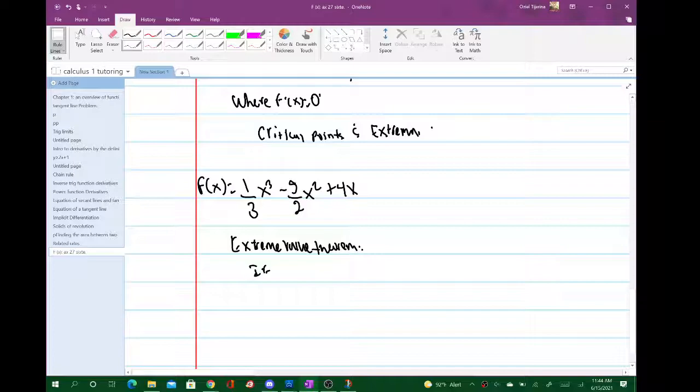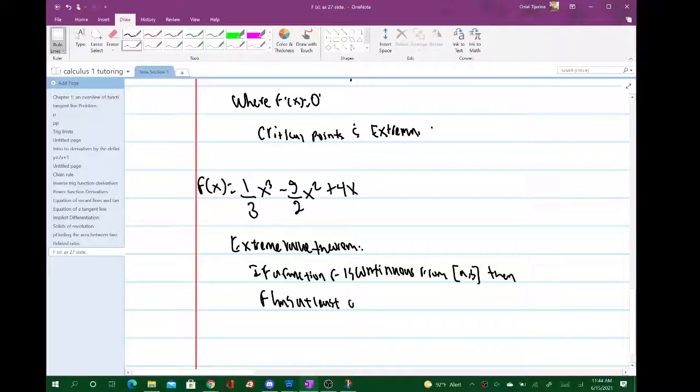It says if a function f is continuous from a to b, then f has at least one minimum value and one maximum value on the interval a to b.